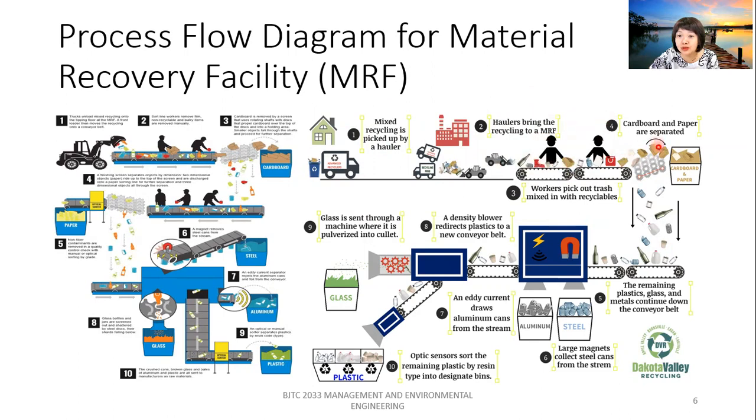The people will start sorting. It will separate the cardboard and the paper out first. And afterwards, we will have the cans, plastic, and glass all coming here. When coming in here, there is a magnet. All the magnetic or ferrous materials will be lifted out. Then it comes to a density blower to redirect the plastic to the new conveyor belt.